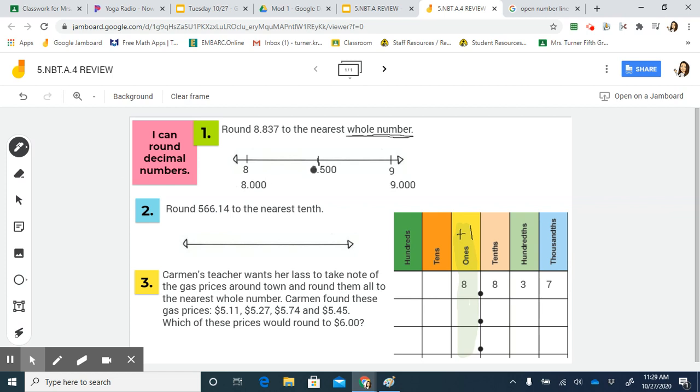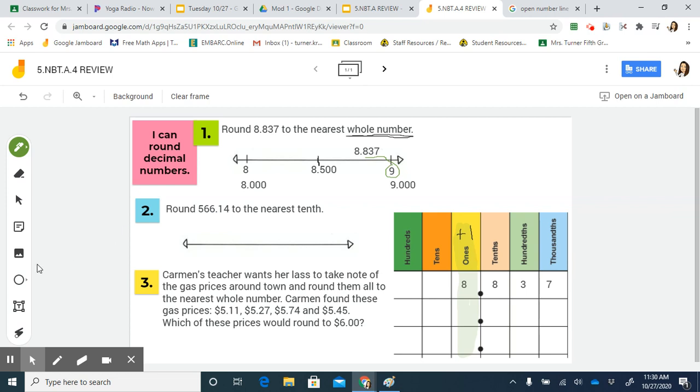I can just ignore the 8 and look at the 500 versus the 837. I know that 837 is more than that, so it's going to go over here. And so clearly I should be rounding up to the next whole number, the number 9. I use my arrow to show that I'm going up to 9.